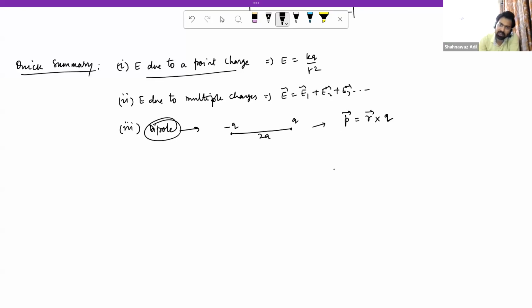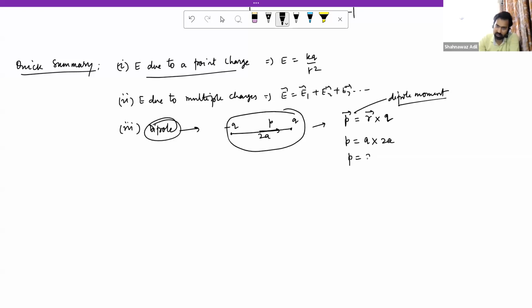It goes from negative to positive, so this is the direction of the dipole moment. With charge q and separation 2a, the dipole moment is simply 2aq. Why do we take 2a? Because this makes the calculation simpler. So we understood about this dipole and its direction.